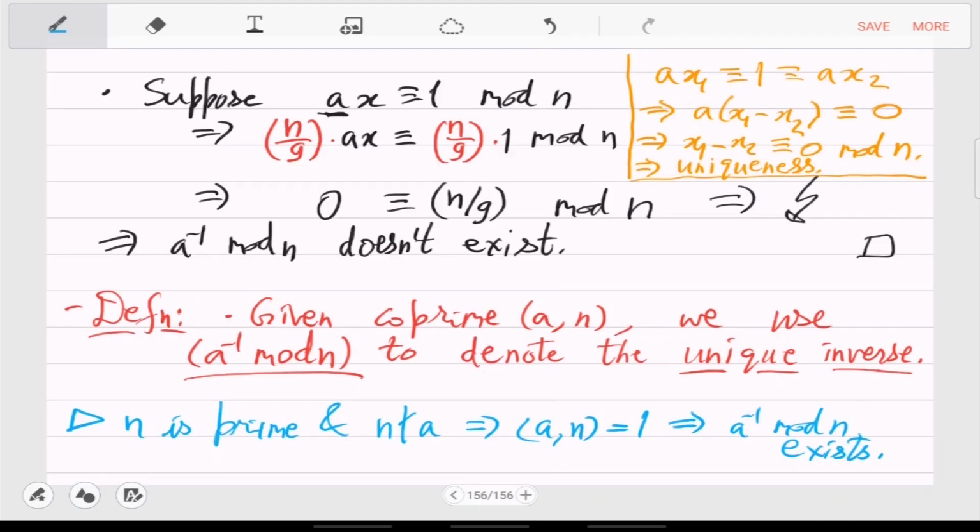Which means that for the prime case, there is this good property that for every number, inverse exists except 0, right? This condition is just saying that A is not 0.